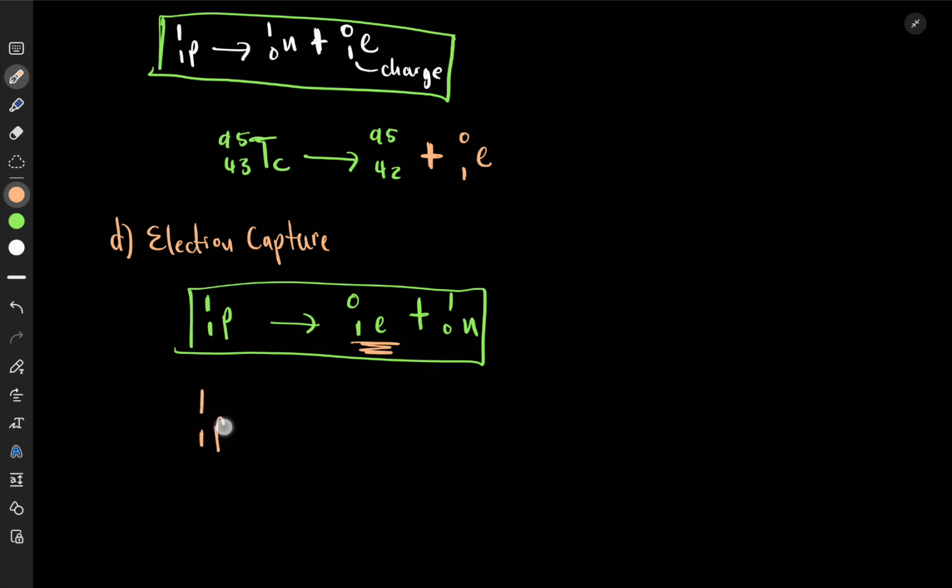I would now have 1p getting 0, minus 1 electron. So my positron has gone to the other side of the equal sign, its sign will change to minus 1, and this would give me a neutron. This is still true. So that is what we are doing in electron capture.